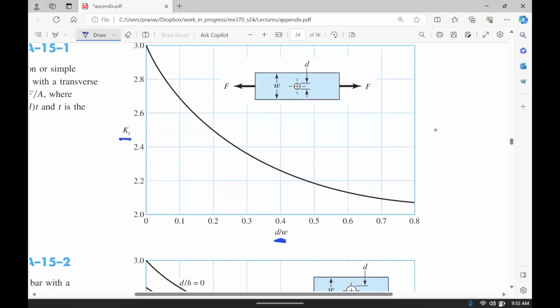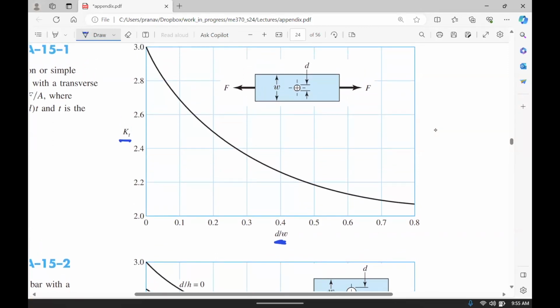When this ratio is exceedingly small, that is, the hole is very small compared to W, close to 0, you have the highest stress concentration. But as the hole becomes bigger and bigger, the stress concentration factor decreases, because for a small hole the change in geometry is sudden, and as the hole increases in size, the change in geometry is not that sudden. So the KT decreases.